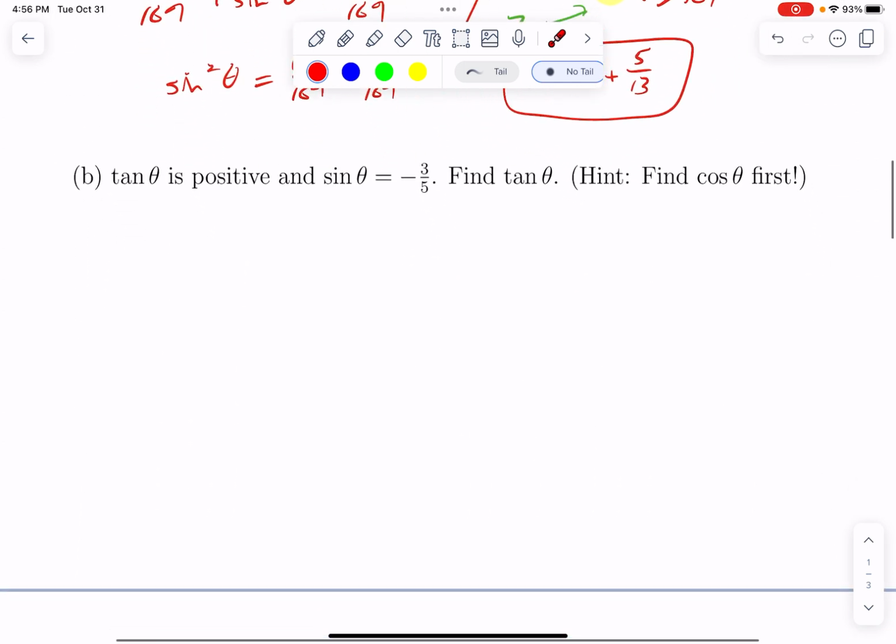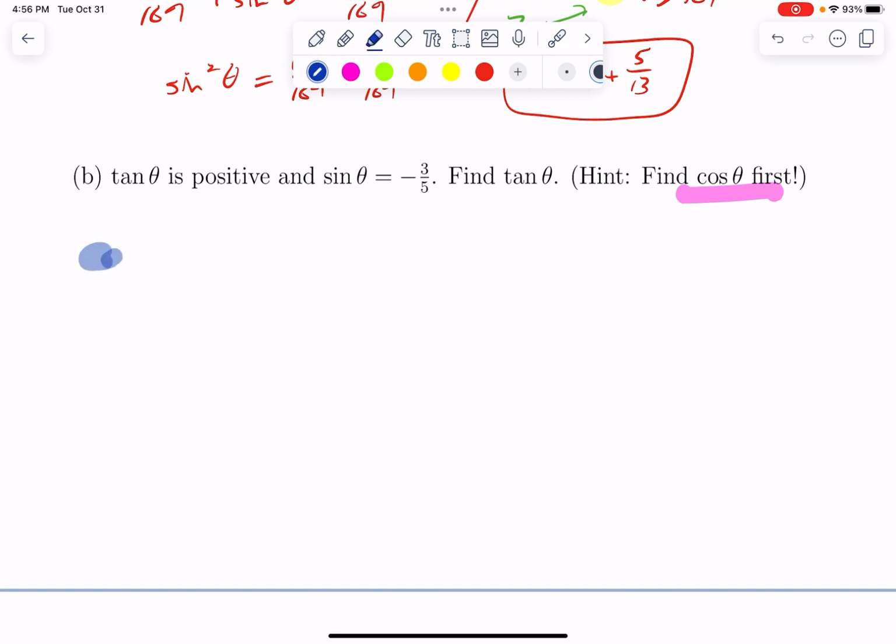In B, we're told that tangent theta is positive and sine of theta is negative 3/5. Find tangent of theta, but the hint here is to find cosine theta first. If we know sine, we can find cosine. If we know cosine, we can find sine. Once we know both of them, we can find anything.